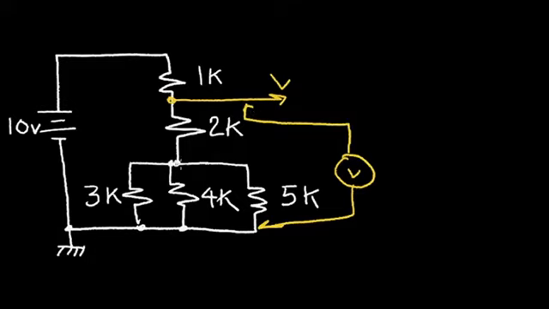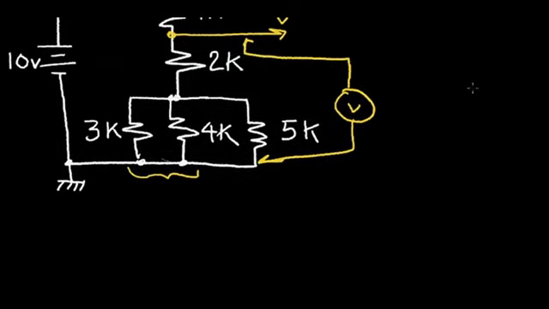So first, let's start at the bottom. I want to replace these parallel resistors with an equivalent resistor. So I'm going to start with the two resistors, 3K and 4K. And I want to calculate an equivalent resistance. And recall that the equivalent resistance for any two resistors is merely the product divided by the sum of those resistors.